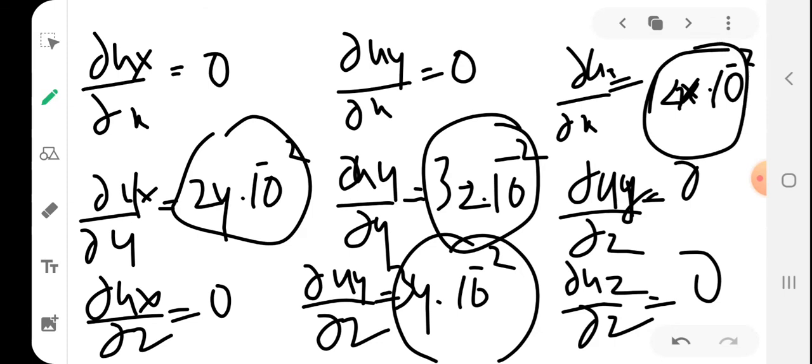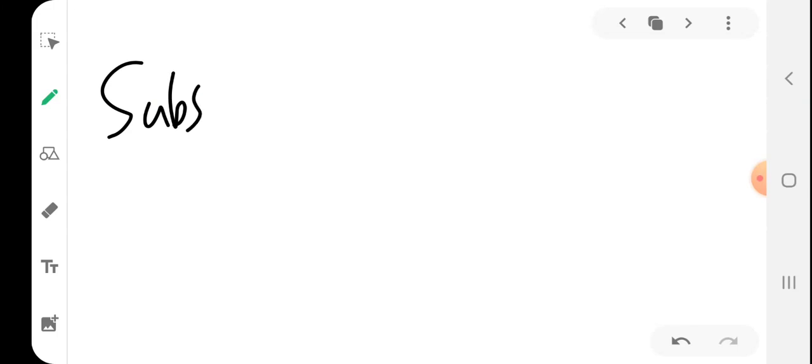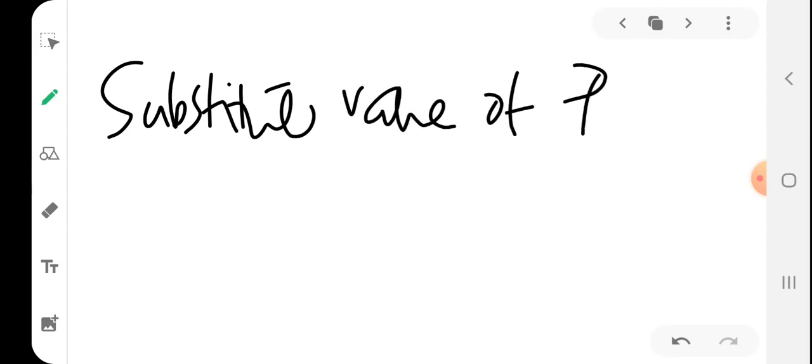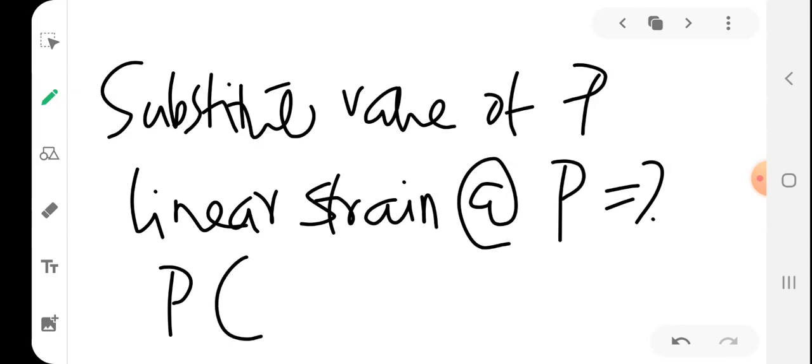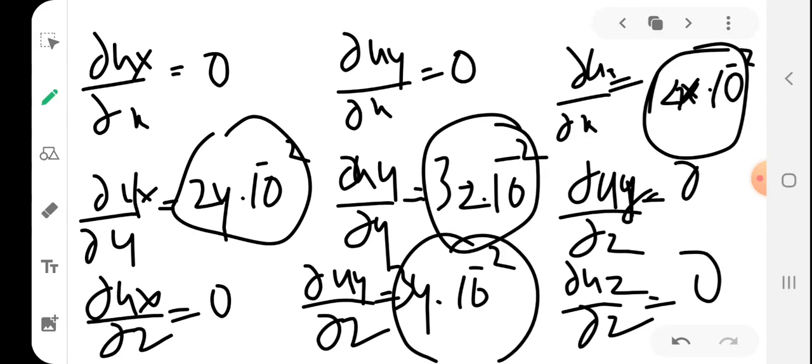In these values you substitute the value of coordinates of point P, because you have to find the linear strain at point P. So the coordinates of P are 1, 0, 2, right?